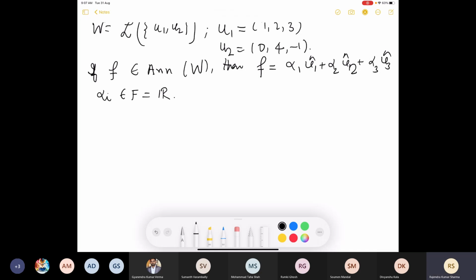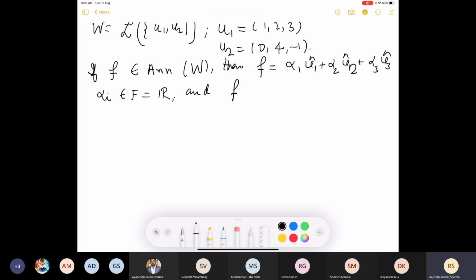So what do we want to know? We want to determine these scalars alpha 1, alpha 2, alpha 3 such that f(U1) is 0, f(U2) is 0. So this is in the annihilator, and f of every element in W is annihilated.